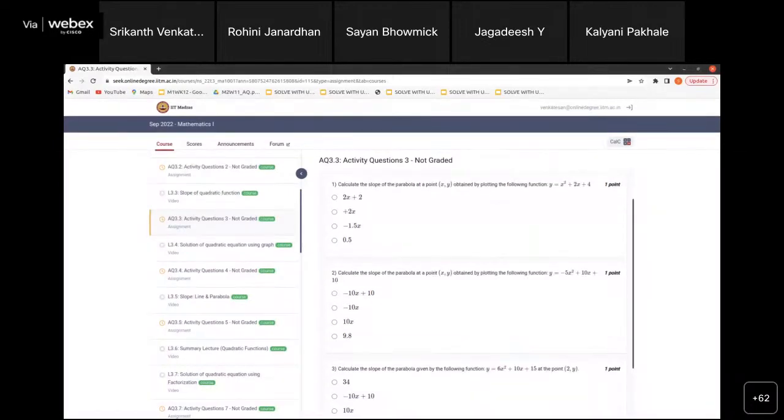What I said is when you have a quadratic function of the form ax square plus bx plus c, if your a and b are non-zeros, I know by looking at the function that the slope at point x comma y, the slope function, will have two terms at least. 2ax is one term and the other term is b.